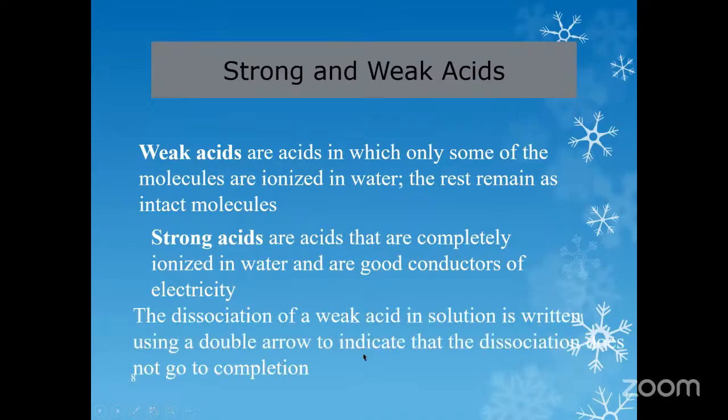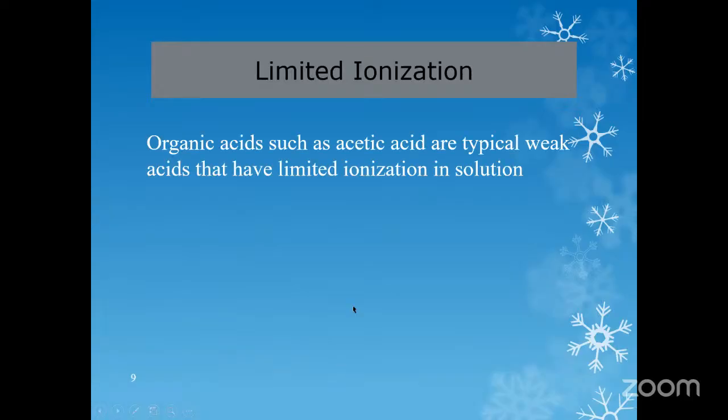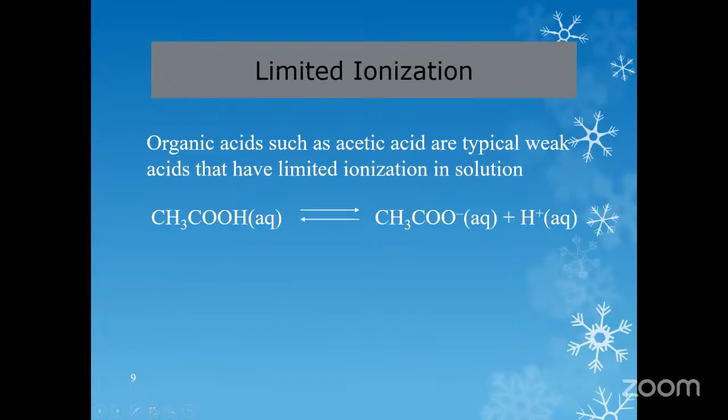Now, in terms of representing the type of dissociation that takes place in the case of strong acids versus weak acids, in the case of weak acids, we use a double arrow, meaning arrows pointing in opposite directions in the balanced equation to represent the fact that the dissociation is partial or weak. So in the case of acetic acid, this is how we represent what happened. Because what actually happens in the case of a weak acid is that the forward reaction will take place, but at the same time, the reverse reaction will take place. So you have this back and forth taking place.